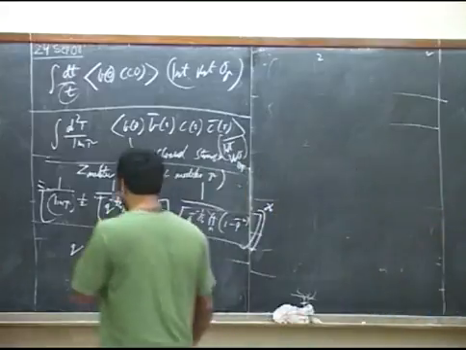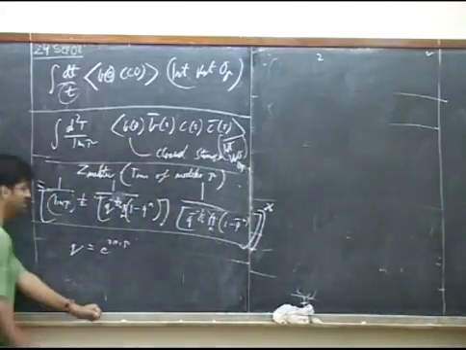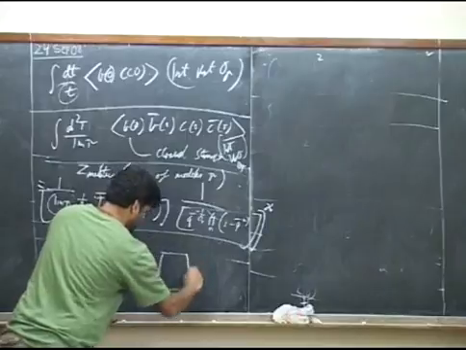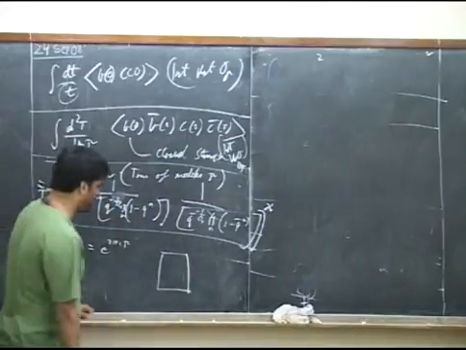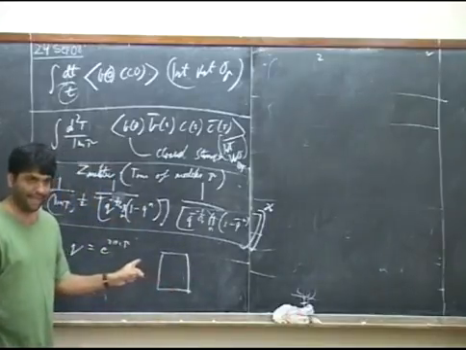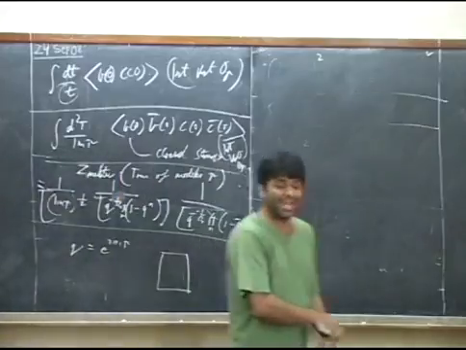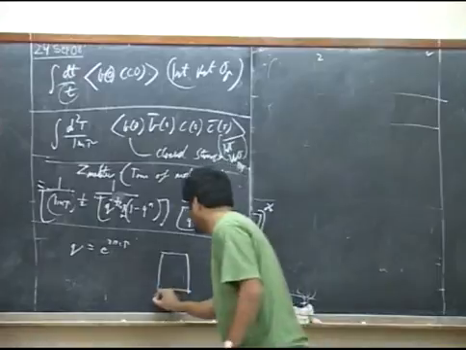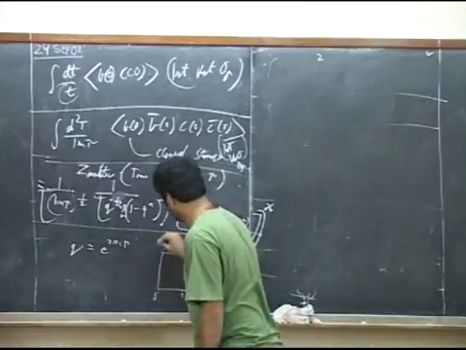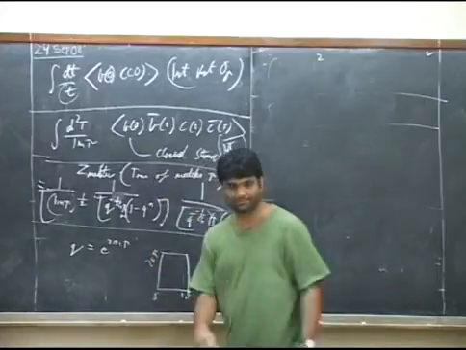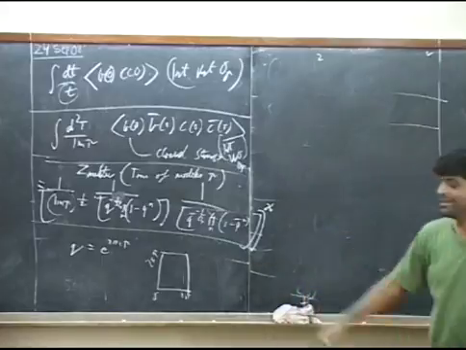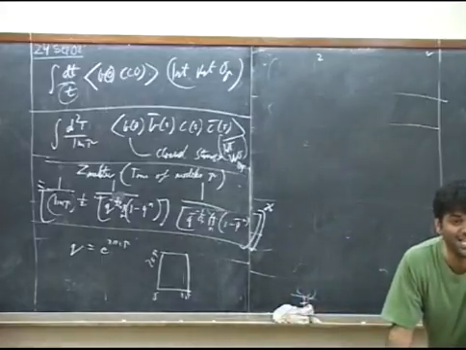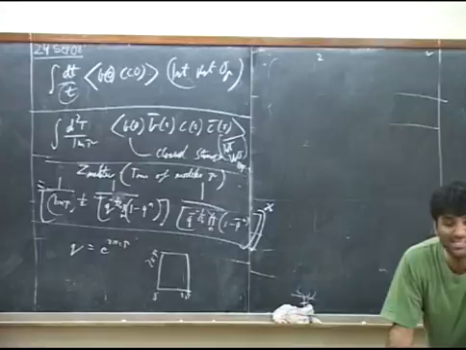Is this clear? This is familiar. Okay? Good. So now, suppose we have a rectangular torus. Then what would the trace interpretation of this path integral be?